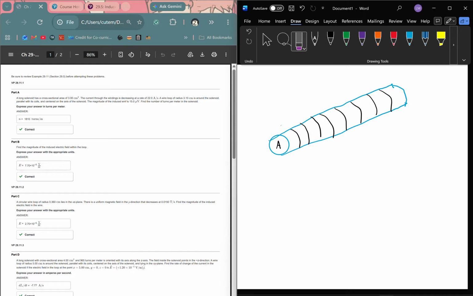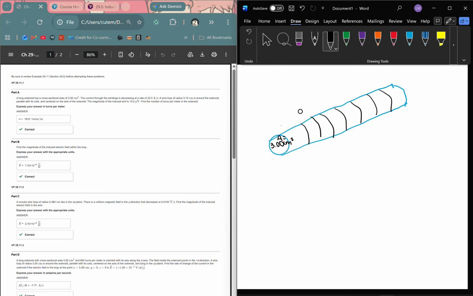Let me write it. I'm going to label it 3.0 centimeters squared. That is the cross-sectional area, and then I'm going to label the current.